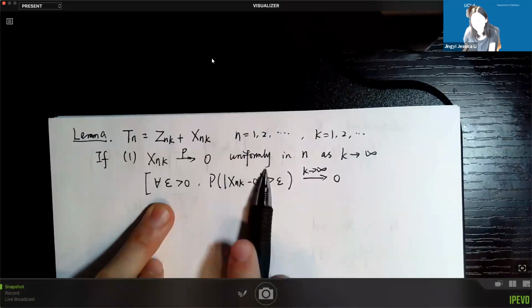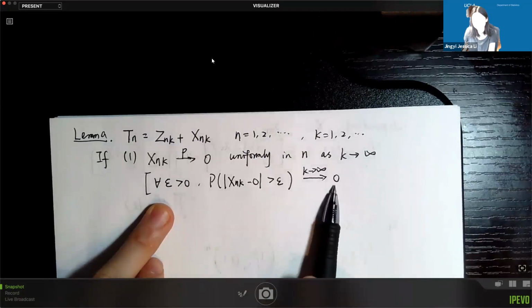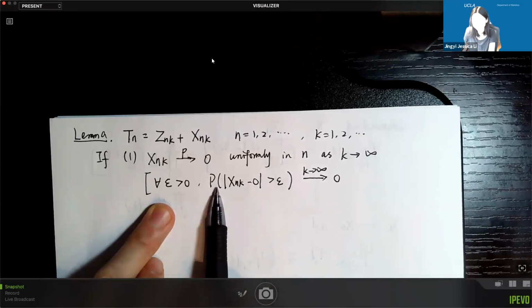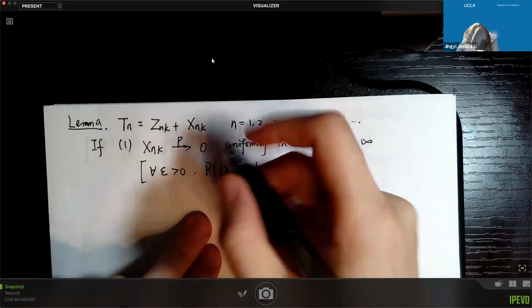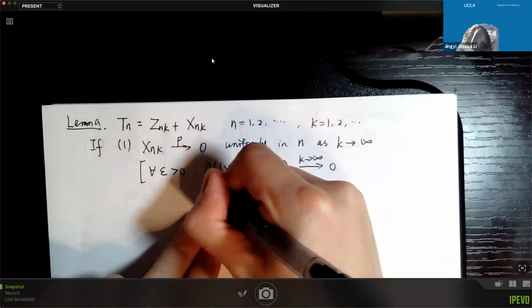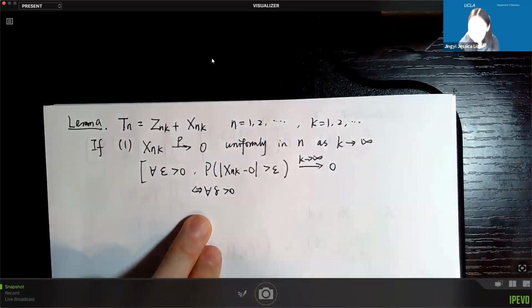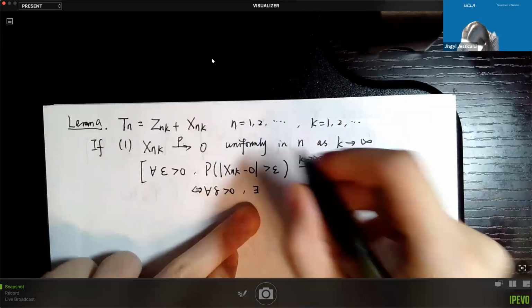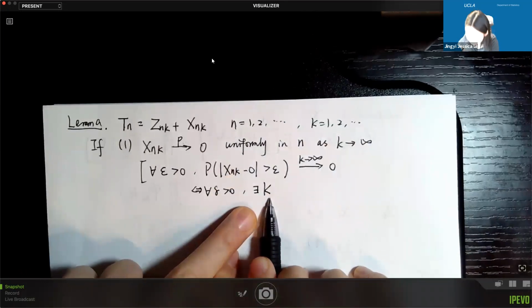Then how about the uniform in n? Then we need to make use of the definition for this convergence, right? The convergence of real numbers, right? The probability is a real number. So what this means is that for any delta greater than 0, there exists a K, and this K has nothing to do with n.